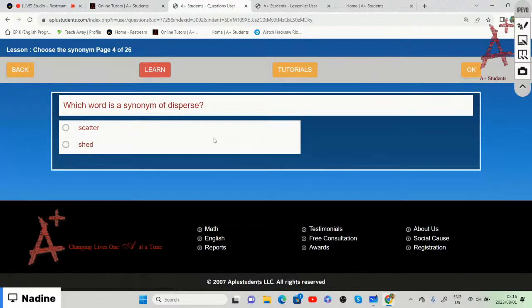Which word is the synonym of disperse? Is it to scatter or is it to shed?